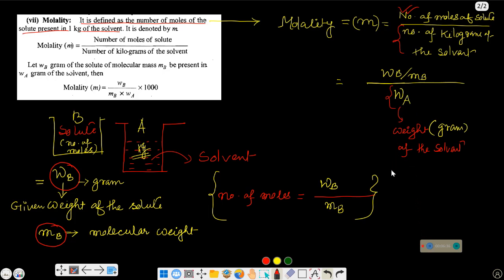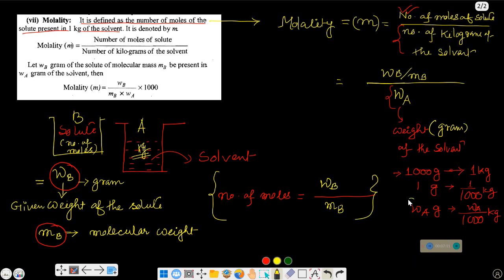As we know, in 1000 gram we have 1 kg. We need to express this in kg. So 1 gram is how much kg? 1 by 1000 kg, right? So in Wa gram, it is how much kg? It is Wa by 1000 kg, right? So this is very important.